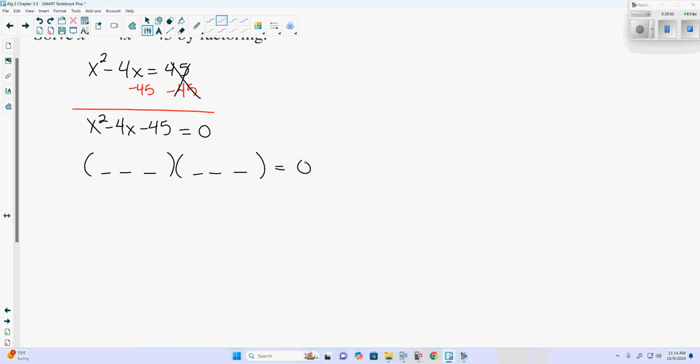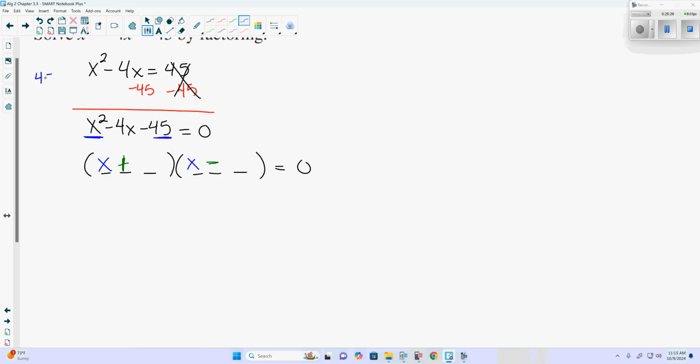To find the sign, we look at the third term. And since the third term is negative for us here, our signs are opposite. One of them is going to be positive. One of them is going to be negative. Now we need to find the factors of the first and third term. Factors of the first term. Factors of x squared are x and x.